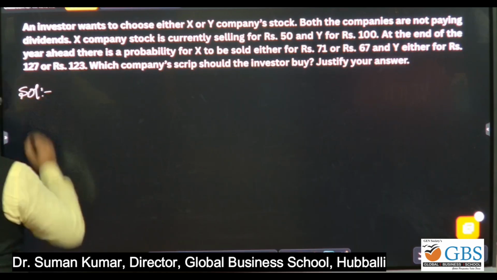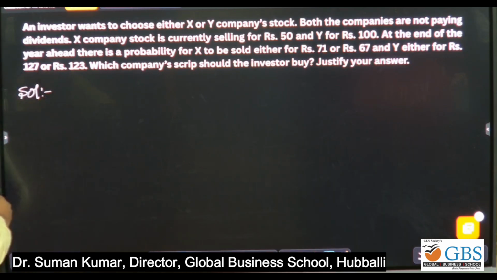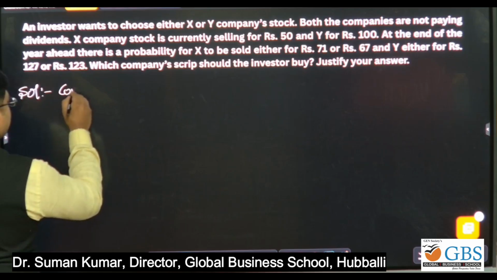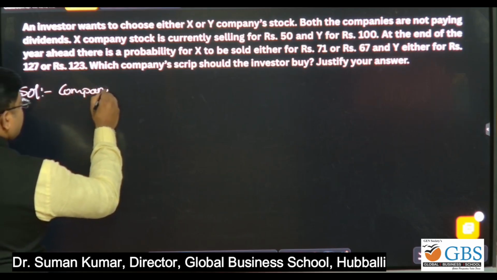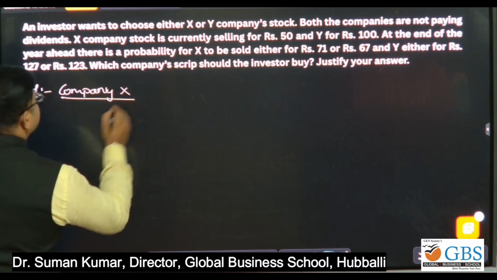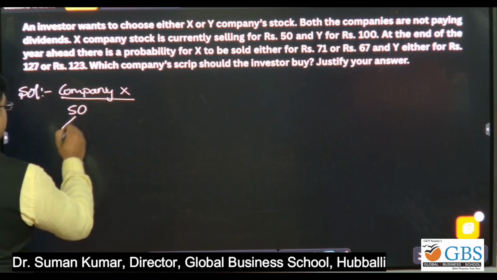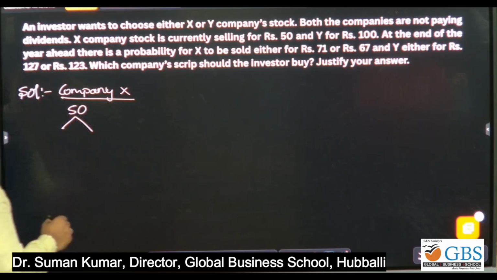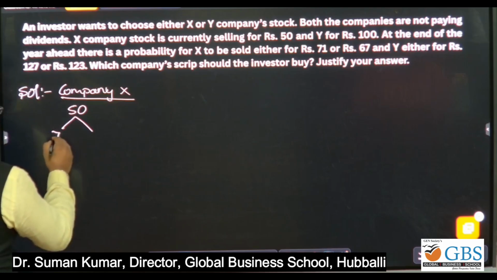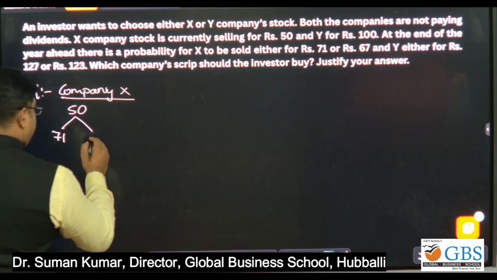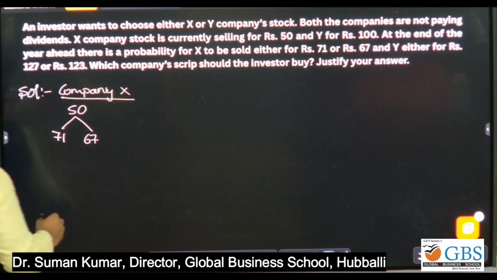Solution: company X, selling price is 50 as of now. There is a probability, that is 71 and 67.